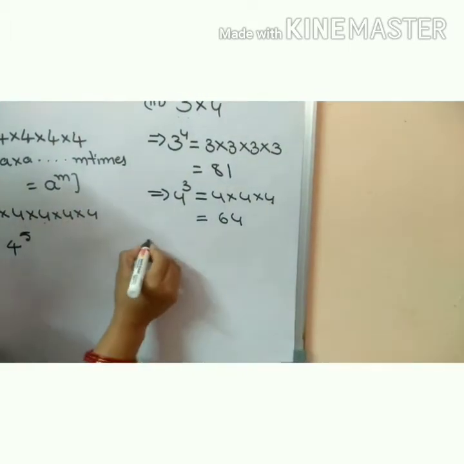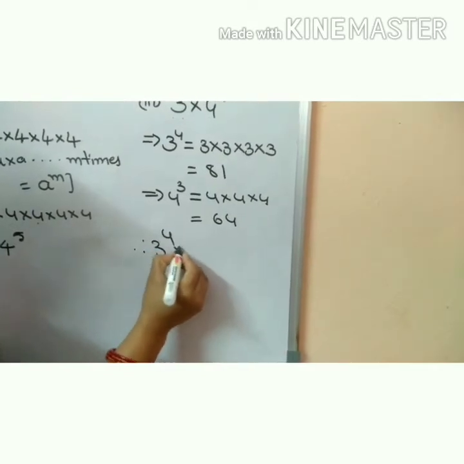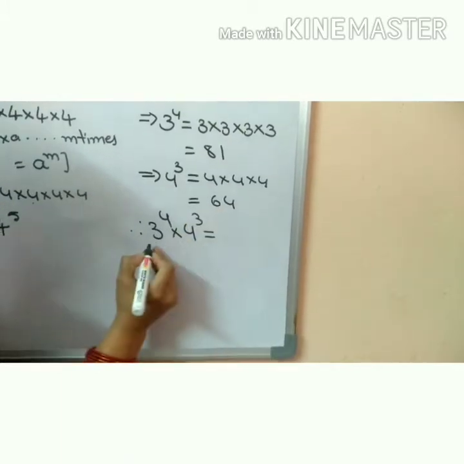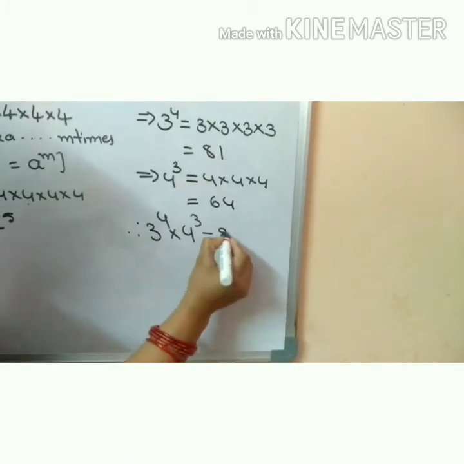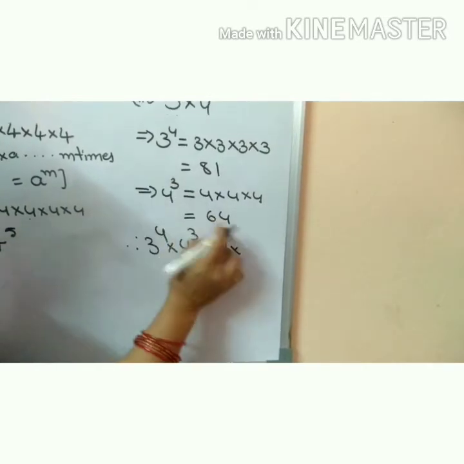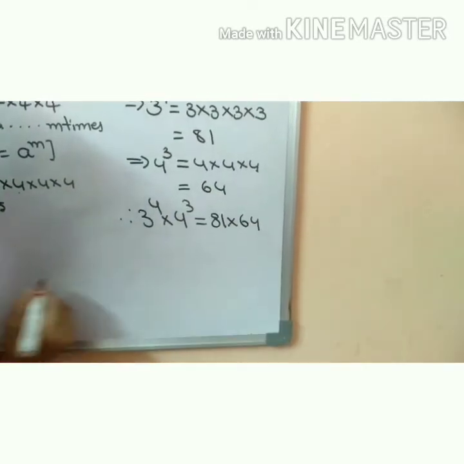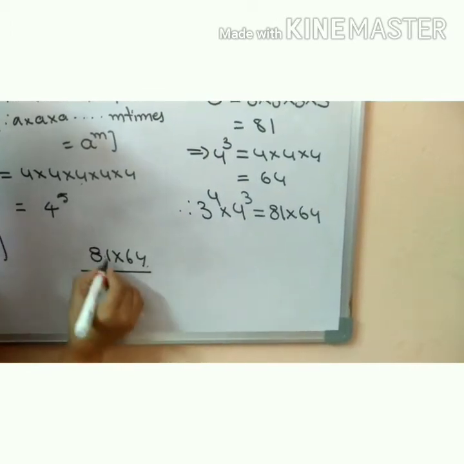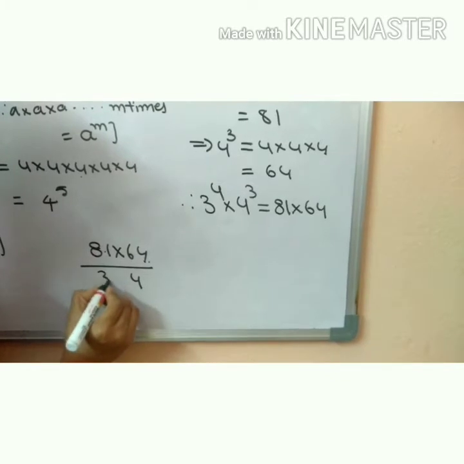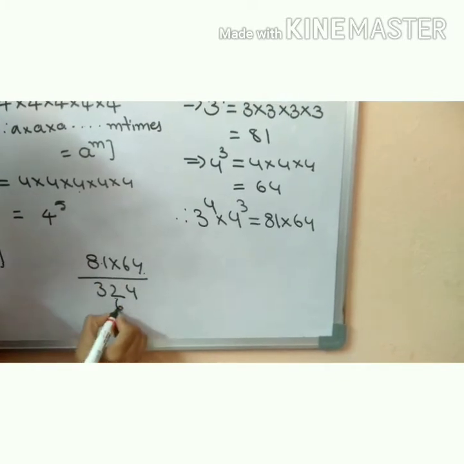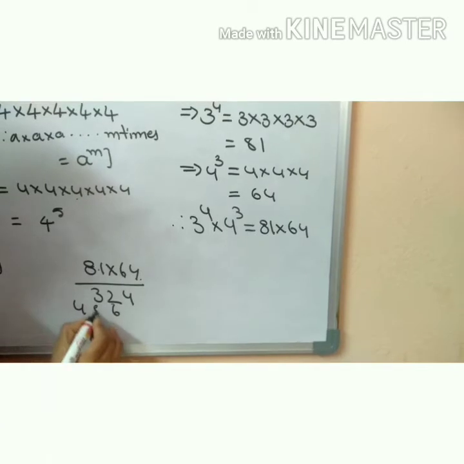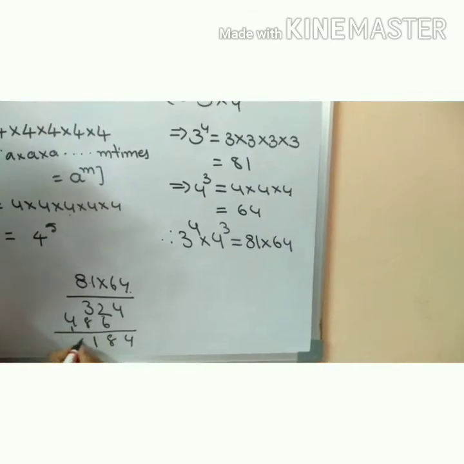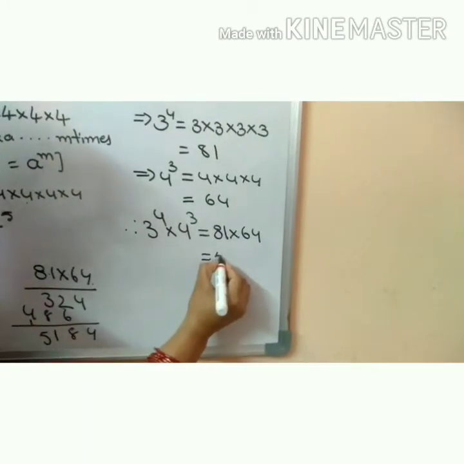Therefore, 3 power 4 into 4 power 3 equals 81 into 64. Multiplying: 4 ones are 4, 4 eights are 32, 6 ones are 6, 6 eights are 48.